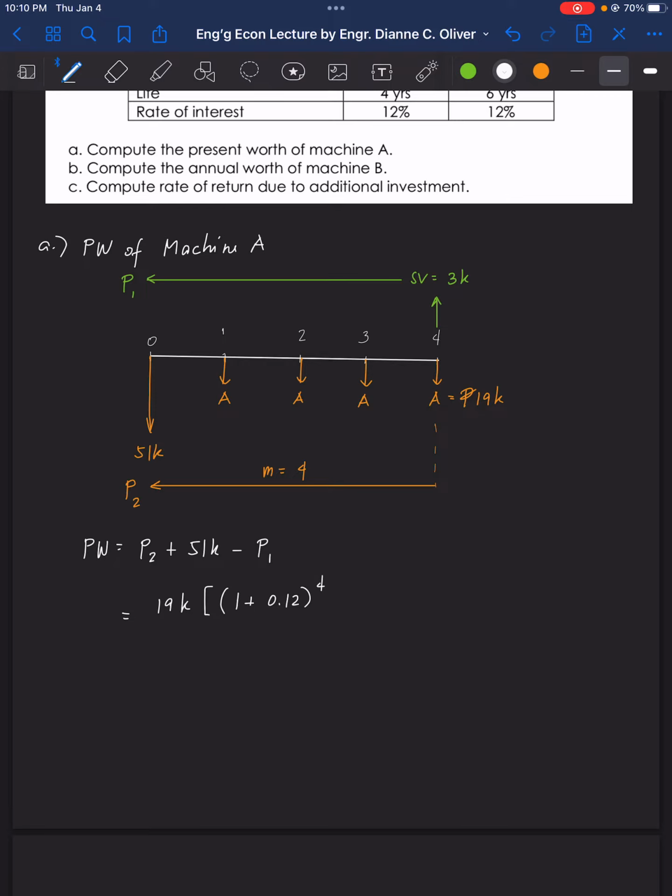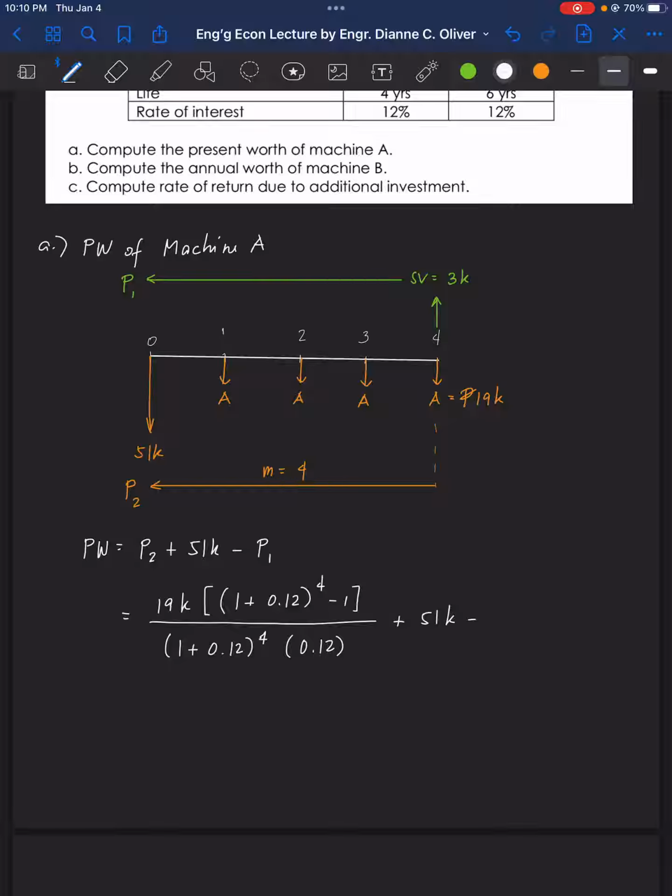So raised to 4 minus 1 all over 1 plus 0.12 raised to 4 times 0.12, then plus the 51k minus the P1. P1 is the salvage value.